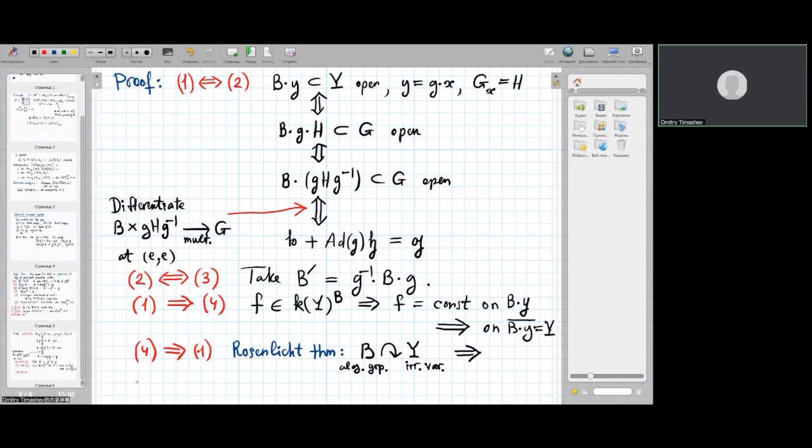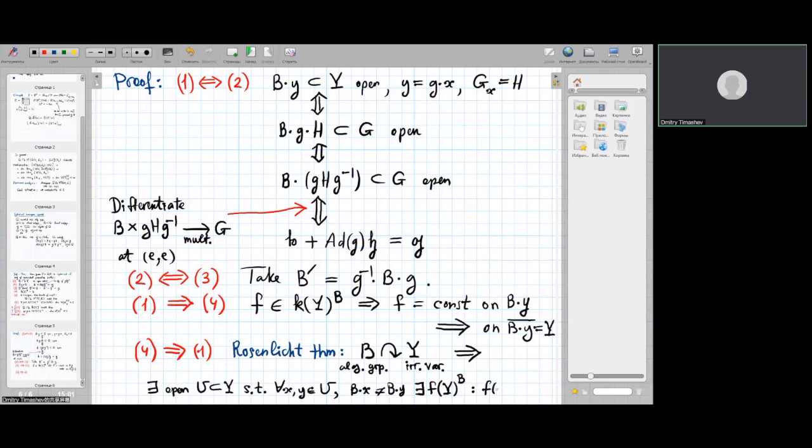there exists an open, non-empty open subset U in Y such that for any 2 points in this open subset which lie in different orbits, there exists a rational function on Y which is B invariant, a B invariant rational function on Y, which distinguishes these orbits.